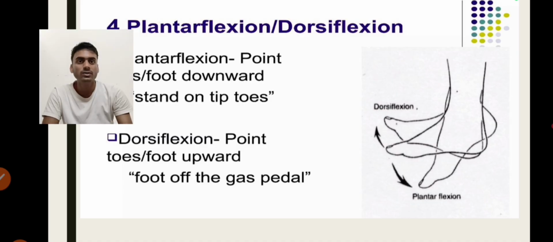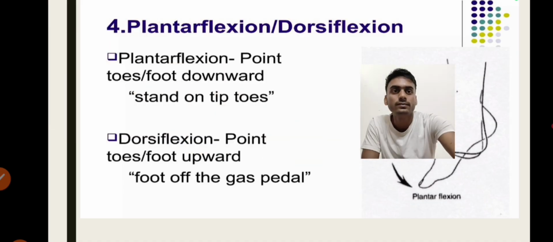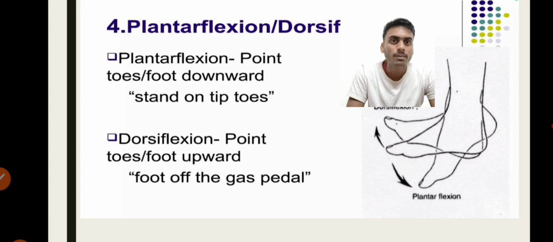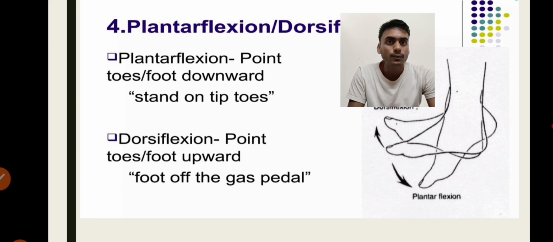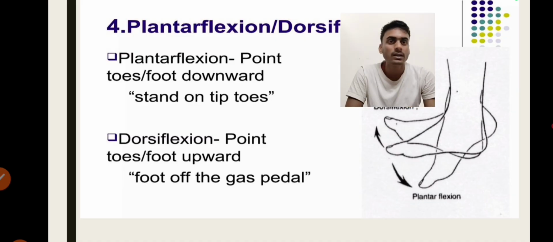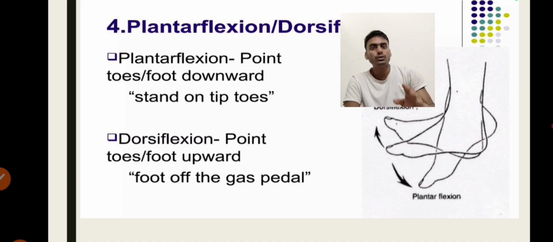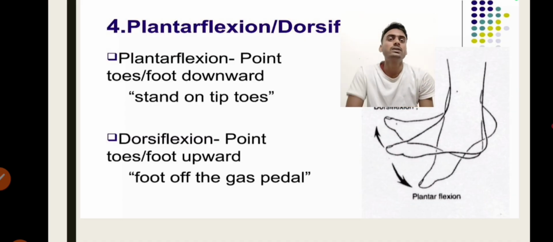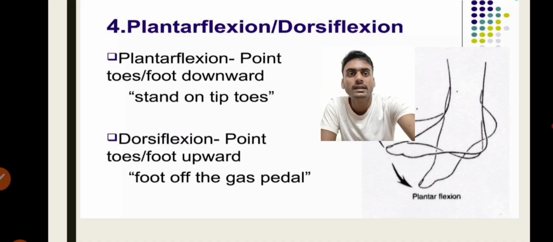As you can read, plantar flexion means pointing the toes or foot downward, and if your foot or toes move upward, it is called dorsiflexion. This is very easily understandable.